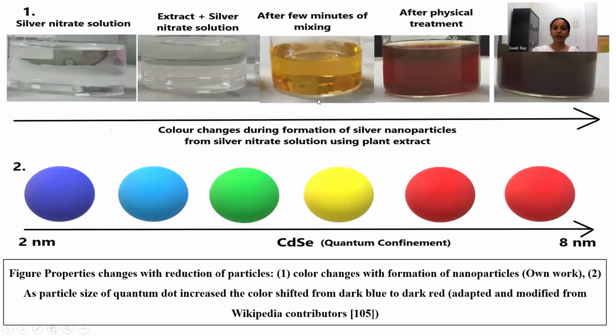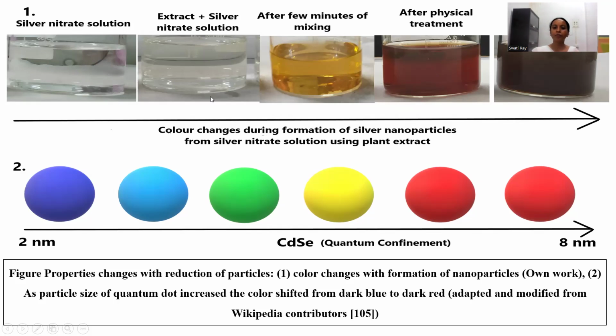In this figure, we can observe the unique optical properties of silver nanoparticles. At first, you can see the silver nitrate solution in its initial condition is transparent. But when it is converted into silver nanoparticles, this transparent color converts into dark brown with the addition of plant extract or chemical compounds that act as a reducing agent.